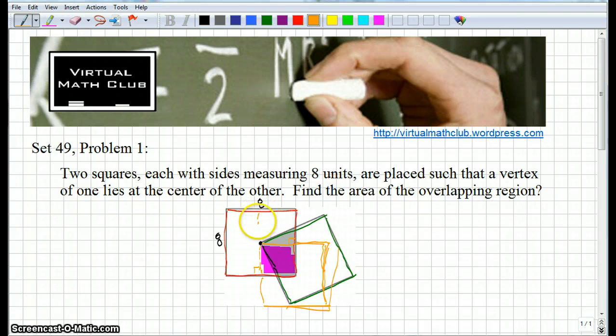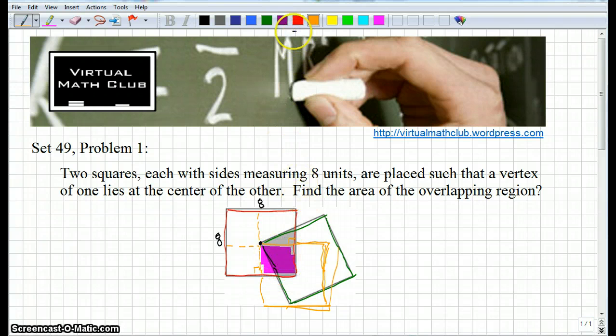Because if I were to draw lines like this, you can see that if we divide it in half and then half again, then we have quarters, and the overlapping region is 1/4 of the square.